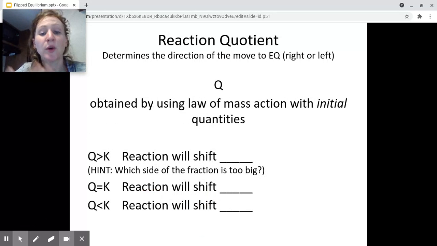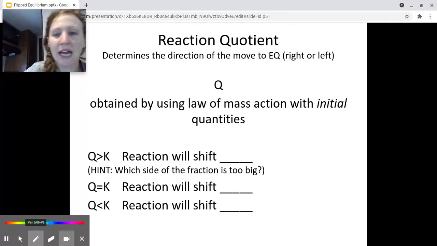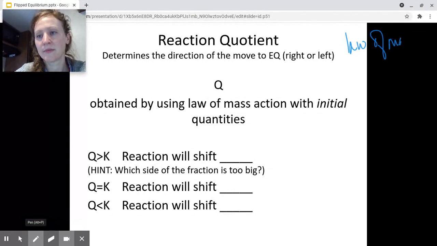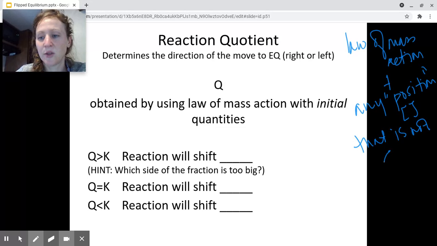Okay, so the Q that we just talked about has a name. Q is going to be called the reaction quotient. It's the law of mass action at any position. Remember, when we say position, we mean a set of concentrations that is not equilibrium.